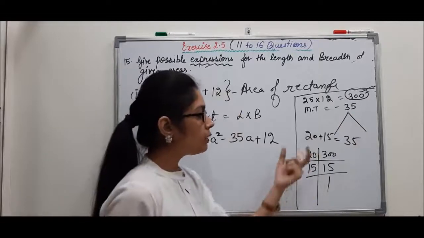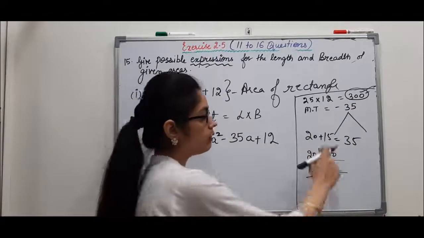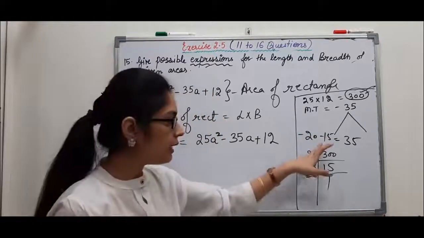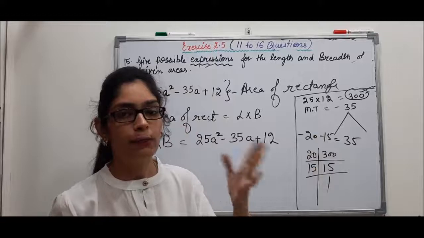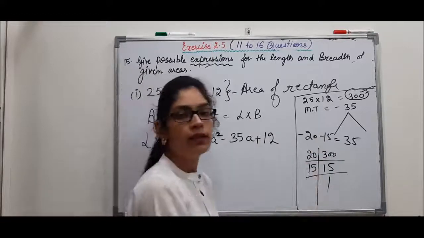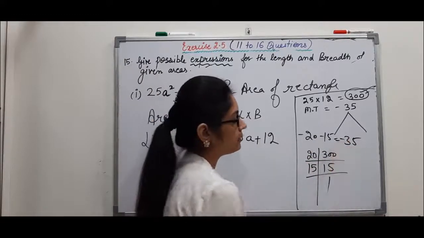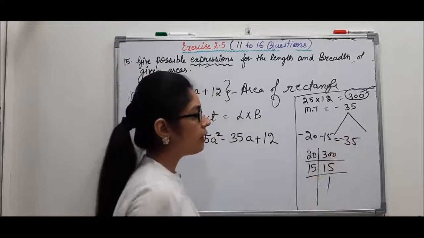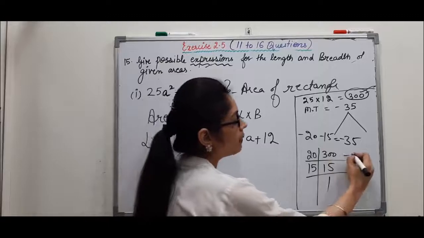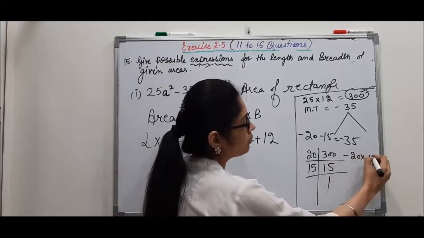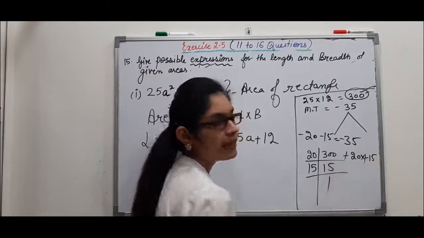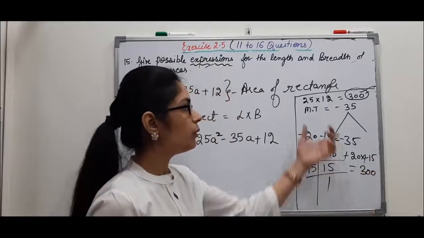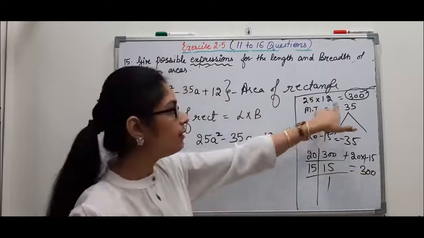So one thing is clear, that we have to add. So what we can do is take minus 20 and minus 15 instead of plus 20 and plus 15. Minus 20 minus 15 is equal to minus 35, and if you multiply minus 20 into minus 15, the minus and minus signs get cancelled and your product is equal to 300, which is equal to the product of the first and last term.